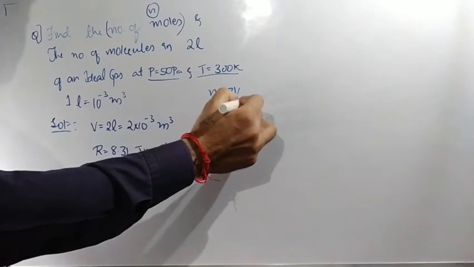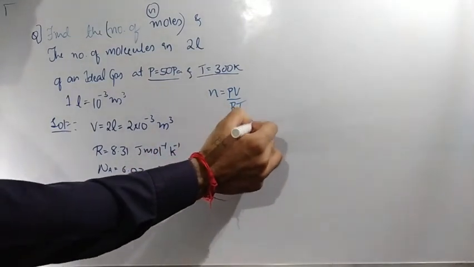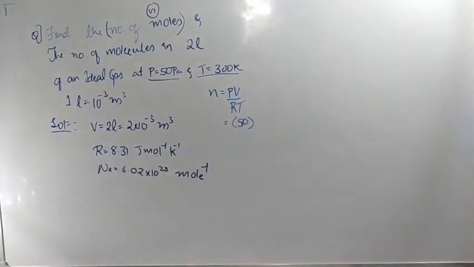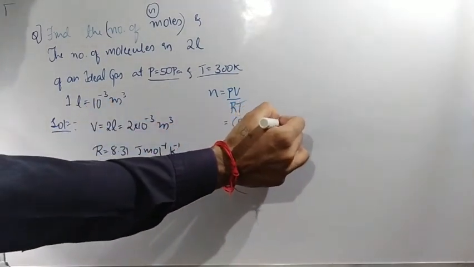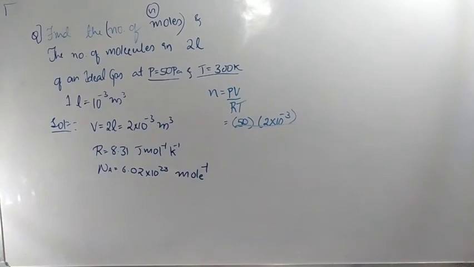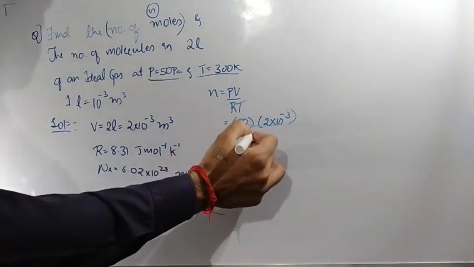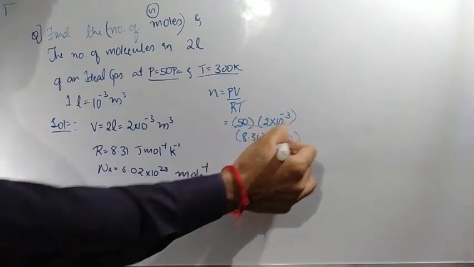PV by RT. Substitute the values. P value is 50. V value here 2 into 10 to the power of minus 3, whole divided by R value 8.31. Next T value 300.